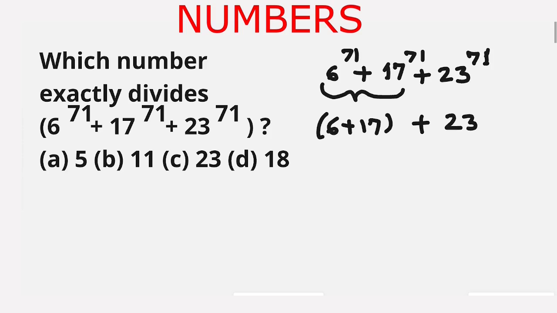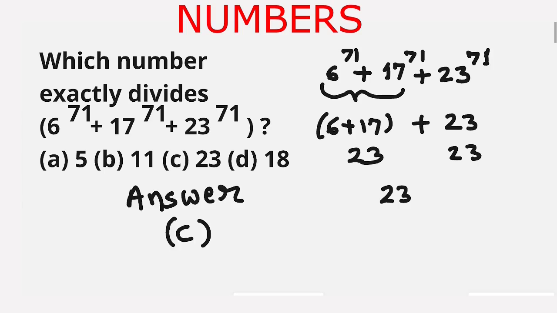So this gives 6 plus 17 is 23 and another factor will be 23 from 23 to the power 71. So common factor will be 23 and the entire number 6 to the power 71 plus 17 to the power 71 plus 23 to the power 71 is exactly divisible by 23. And from the given options, our answer is option C, 23.